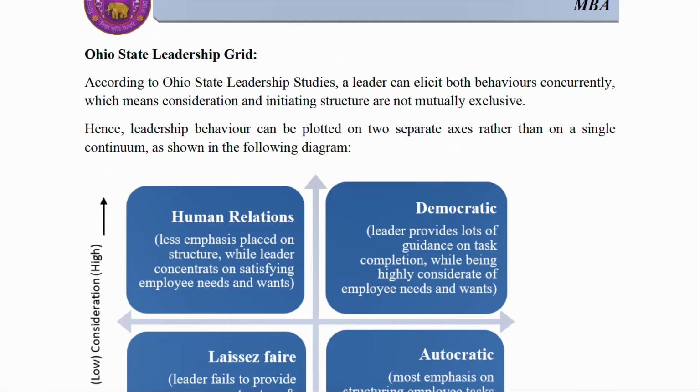According to Ohio State Leadership Studies, a leader can exhibit both behaviors concurrently, which means consideration and initiating structure are not mutually exclusive. Hence, leadership behavior can be plotted on two separate axes rather than on a single continuum, as shown in the following diagram.